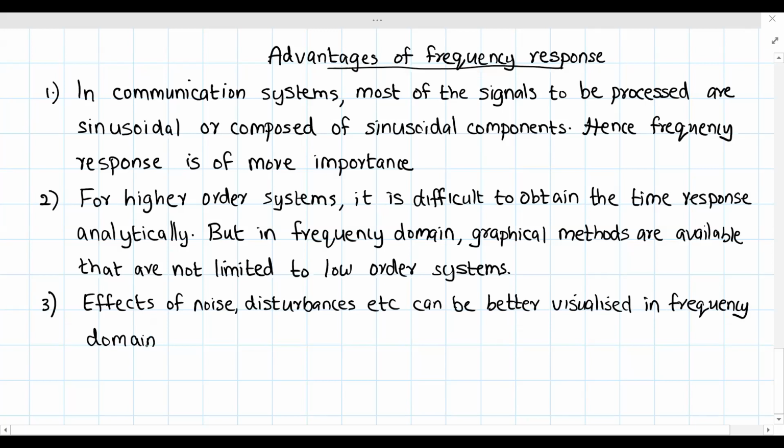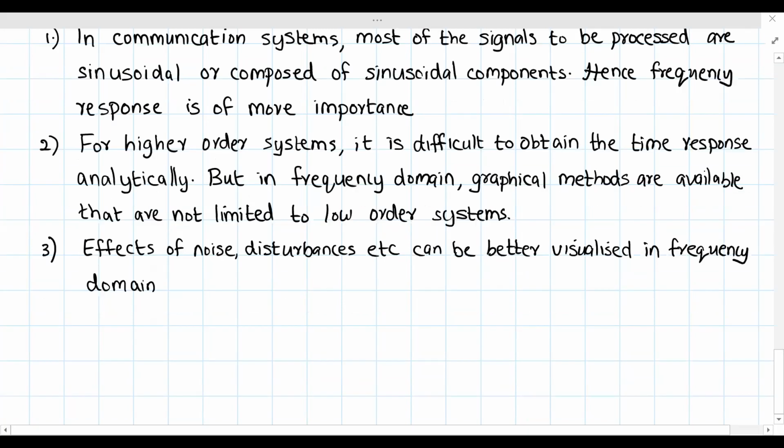What is noise? Noise is an unwanted high frequency signal. What is disturbance? Unwanted low frequency signal. So what is the impact of noise, or what is the impact of disturbance on the system, can be better visualized in frequency domain. That is another advantage.